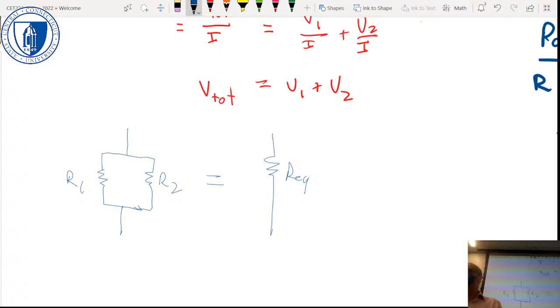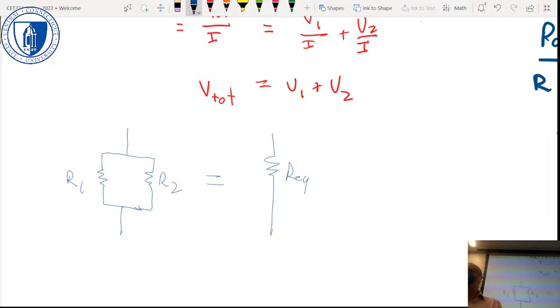Even though we're looking at the current through R2, the numerator here is R1, whereas with the voltage divider it was a little bit more obvious.